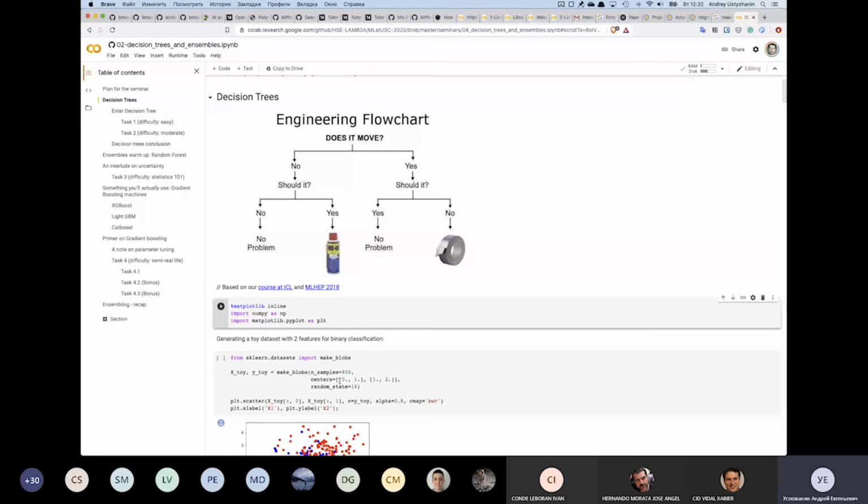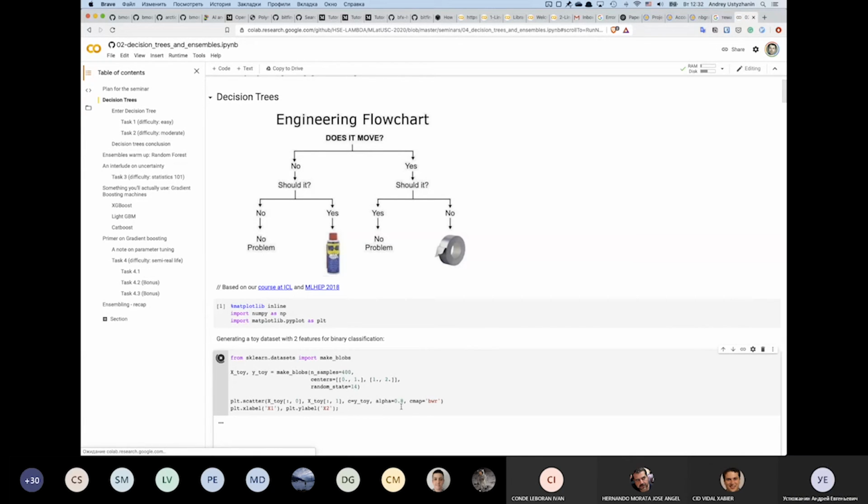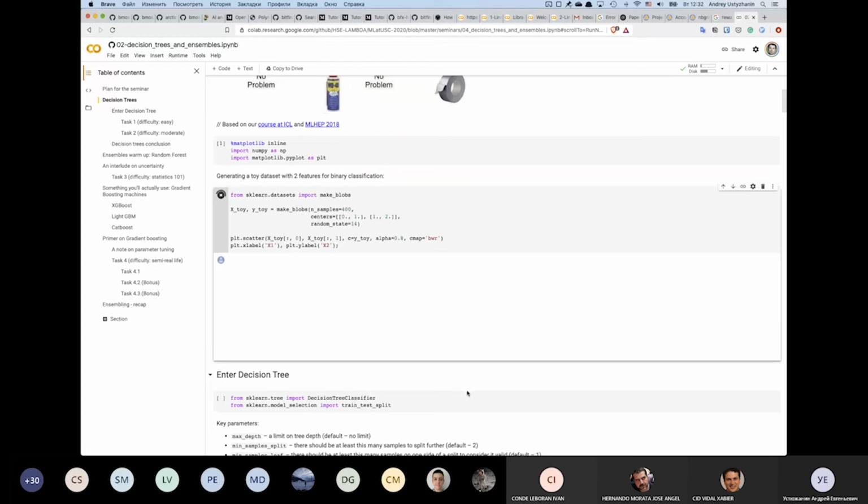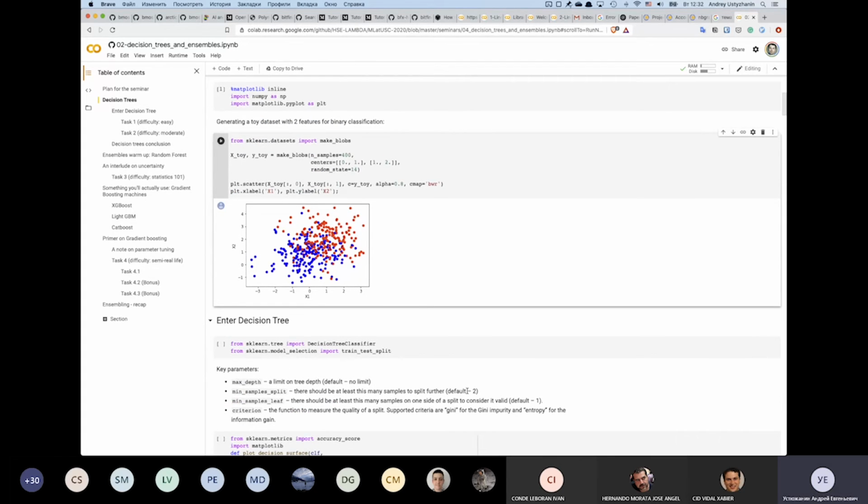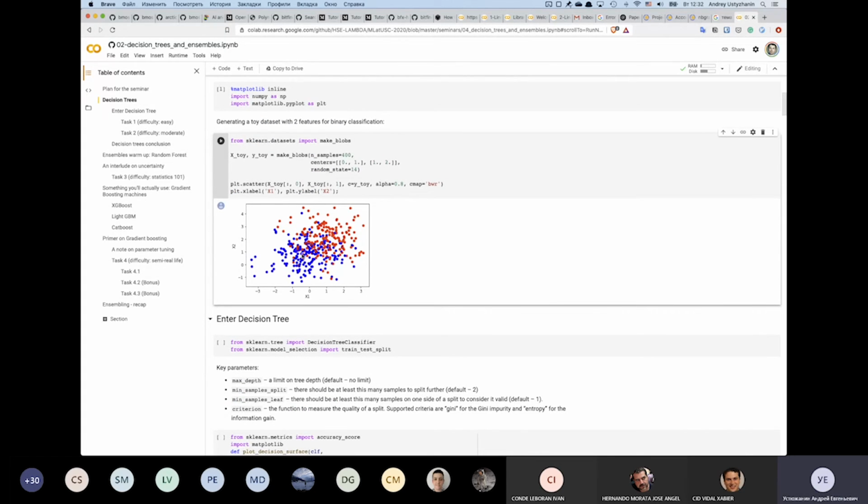It is two-dimensional, and we fix a random state here, so it will be reproducible. And you see this data set here, red and blue dots.